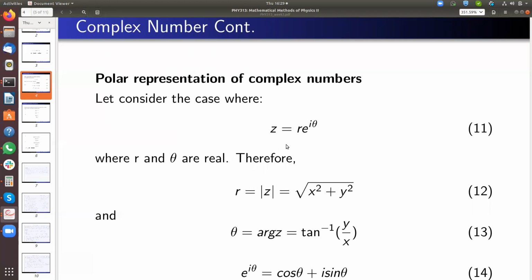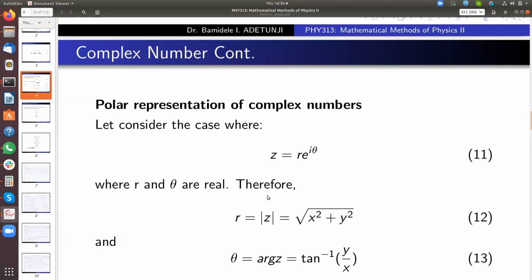That is in Cartesian coordinate, but if you want to move to the polar coordinate, z is written in this format. The question now is, what is the value of r and what is the value of theta in this expression?